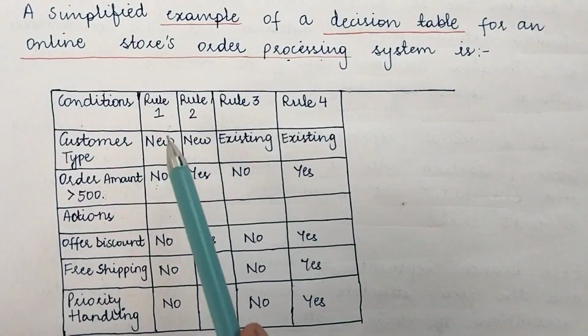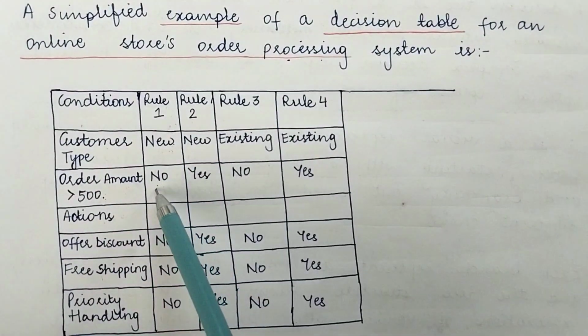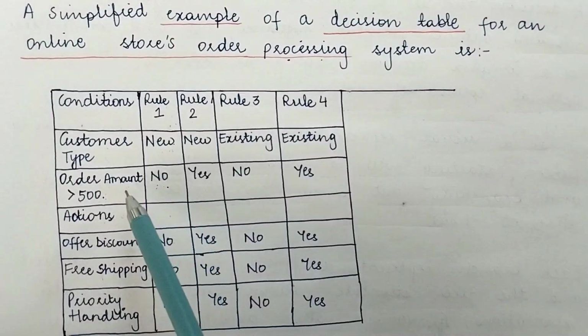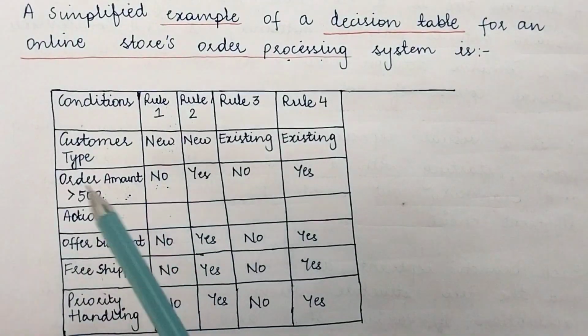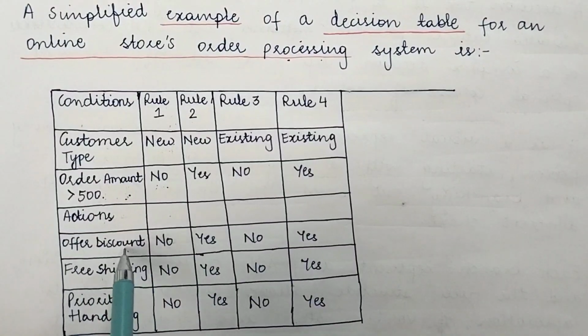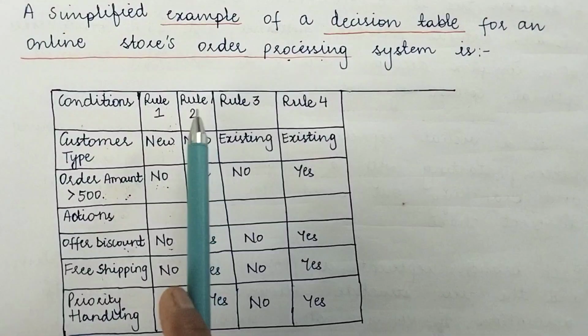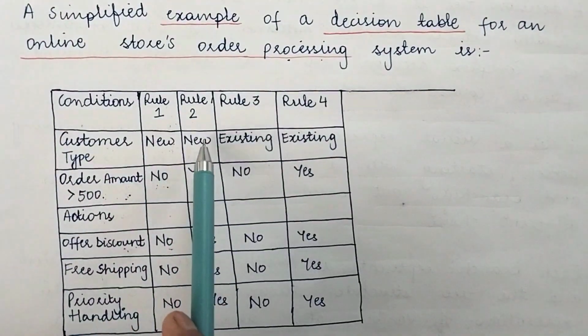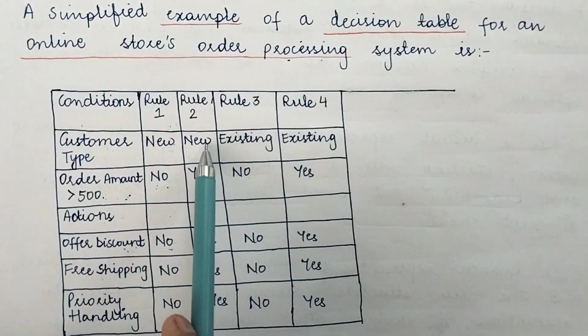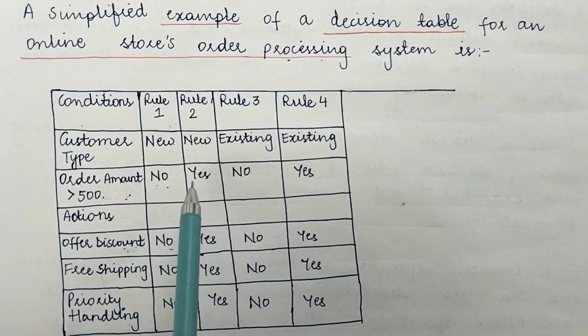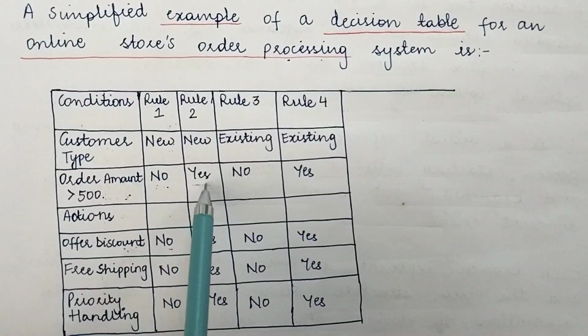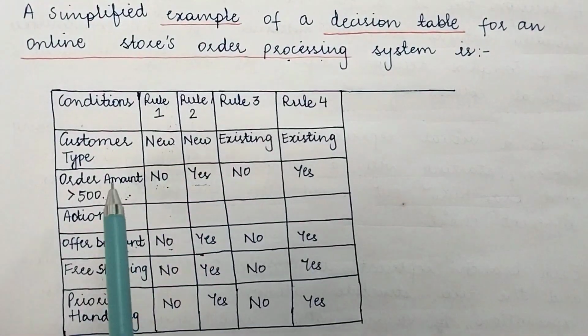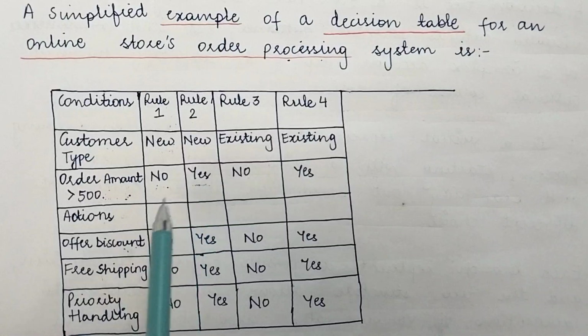if it is no, that means customer is not a new customer, but the order amount is greater than 500. So you have to give an offer discount? No. Similarly, if the customer type is new and the order amount is greater than 500, it is yes. So that means the customer is new and the order amount is greater than 500.